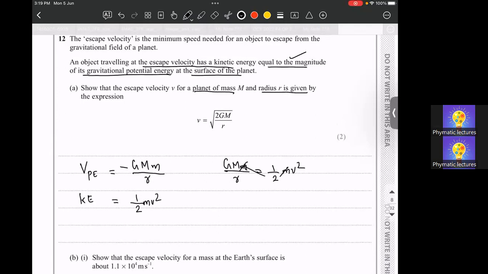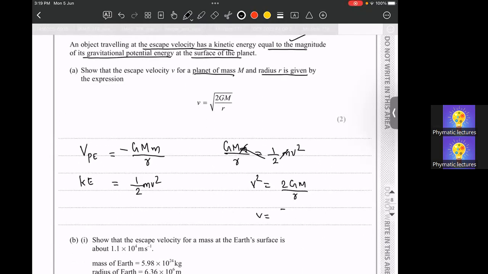So you can cross multiply this 2. So what happens? v squared is equal to 2GM divided by r. Therefore v is equal to square root of 2GM divided by r. So that is the answer for this question. Clear? Hence proved.